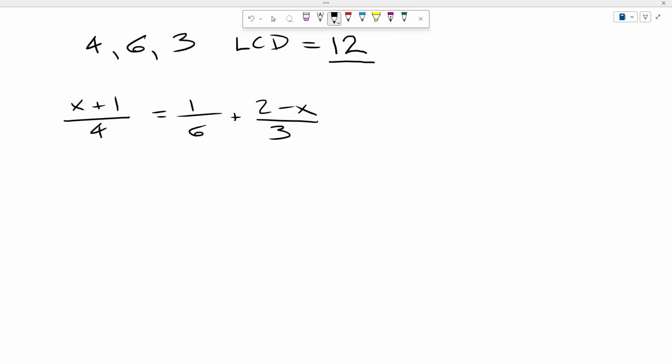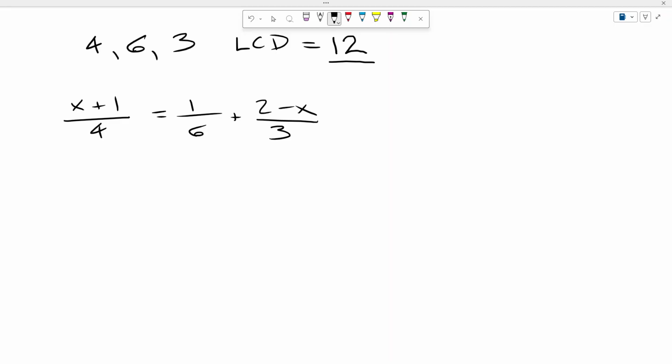Once we have our LCD, what we need to remember is that we need to take it times not only both sides of the equal sign, but each part: the x plus 1 over 4, the 2 minus x over 3, and this 1 over 6. It needs to be multiplied times everything in order to do it properly.